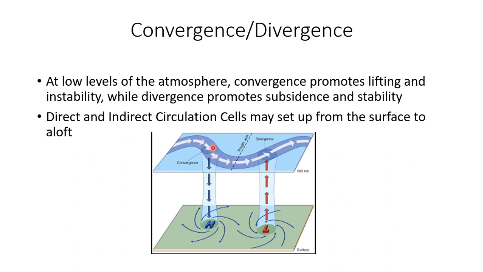And then in addition to that, you have convergence aloft. So with high pressure, you get low level divergence, and then the opposite effect above that, upper level convergence. So you have these direct and indirect circulation cells that may set up from the surface all the way up high above the ground.